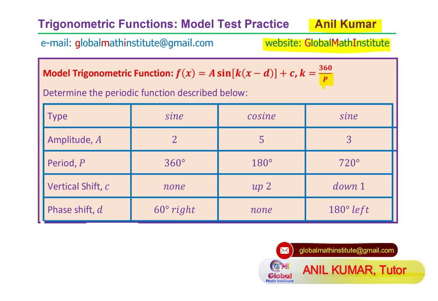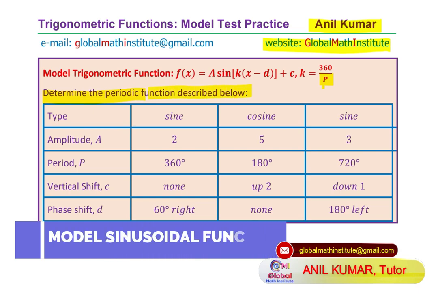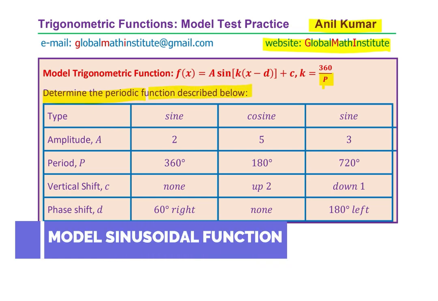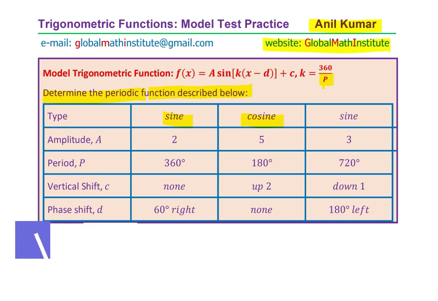Let us see how do we determine periodic function described from the given data. We'll consider sine and cosine functions. So in this table, we are actually given information about three different functions. Let me write them as function 1, 2, and 3.